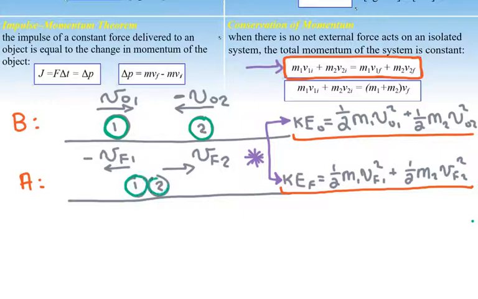You had two objects, you have two objects after, they just move in opposite directions. You can only say that it is elastic collision if energy is conserved. So you have to check it, but one of the ways to remember which formula to use is that you have two objects before, you have two objects after.